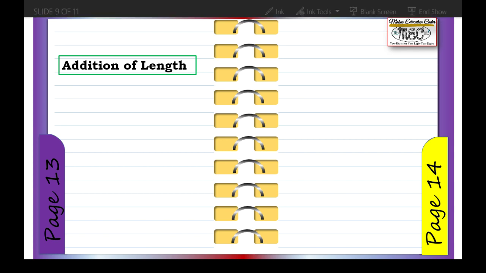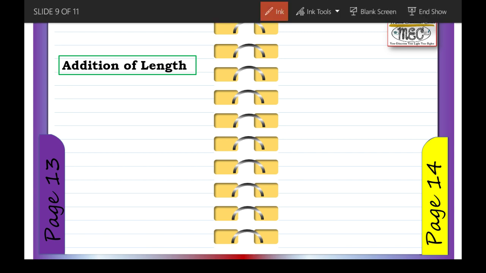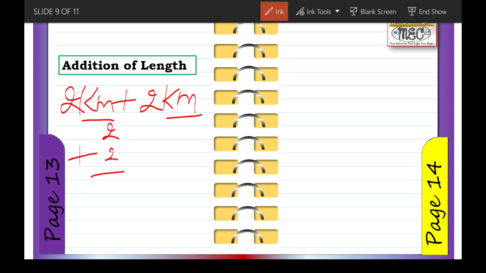For example, you are given 2 kilometers plus 2 kilometers. Simply because the units are the same, you only arrange them vertically, and then you start adding them, and then you get 4. Here it is 4 kilometers.